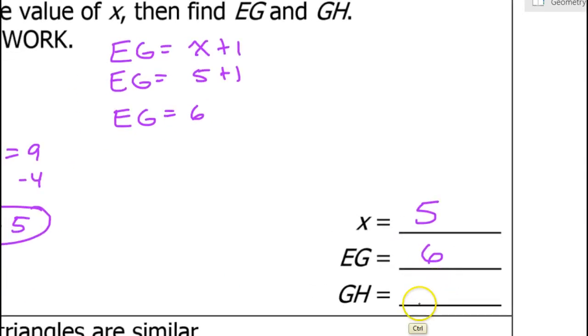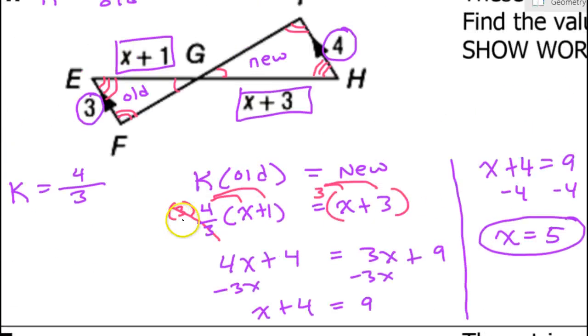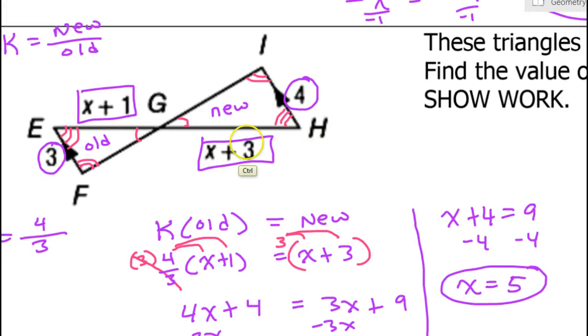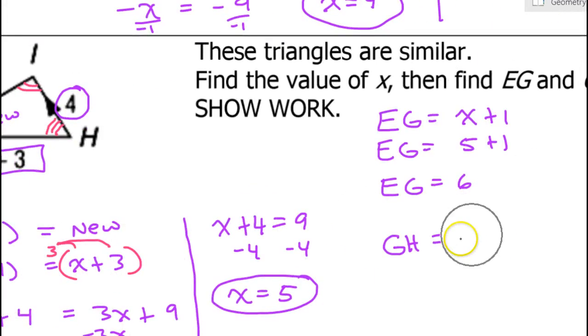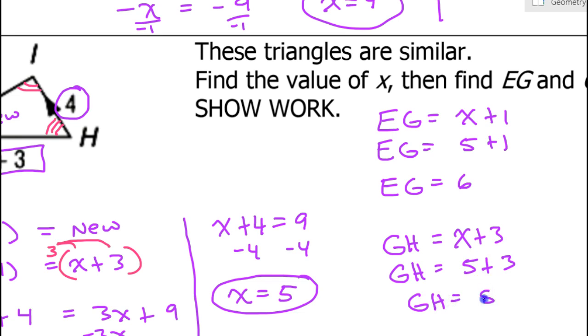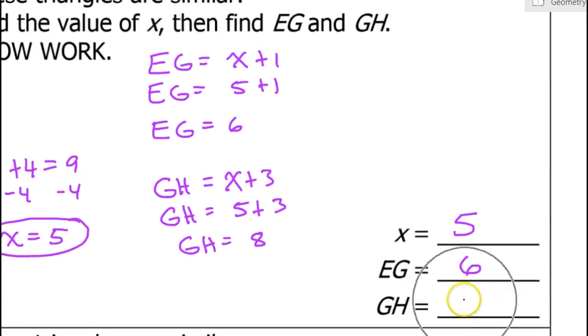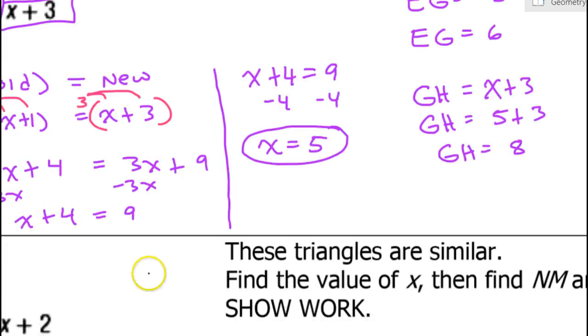And I'm also supposed to find GH. GH is x plus 3. But x is 5, so GH is 5 plus 3, so GH is equal to 8.